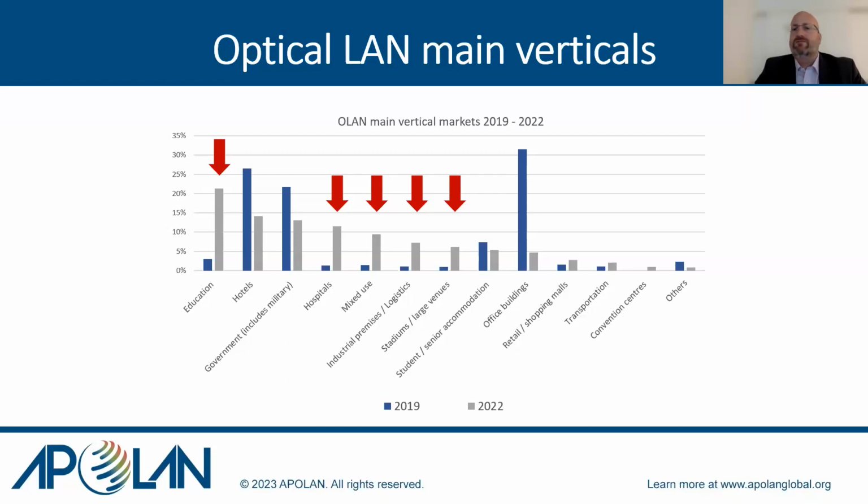Hospitals, mixed use, industrial premises, logistics, very important growth there, stadiums as well, and large venues. There are a number of vertical markets adopting this new, newish solution, and we think it will continue to be this way for the foreseeable future.